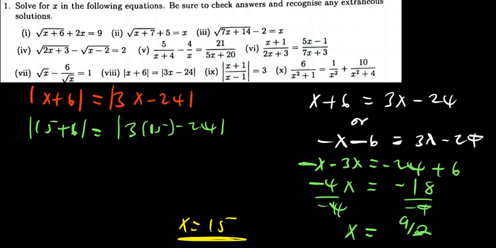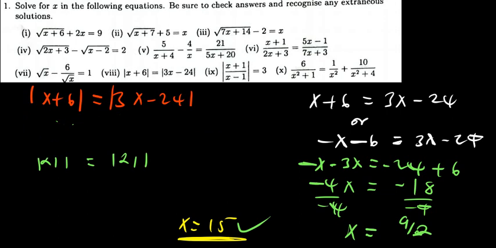So that will be modulus of 21. 3 times 15 will be 45. So 45 minus 24, definitely you get 21. So x is equal to 15 is indeed the solution for this equation.